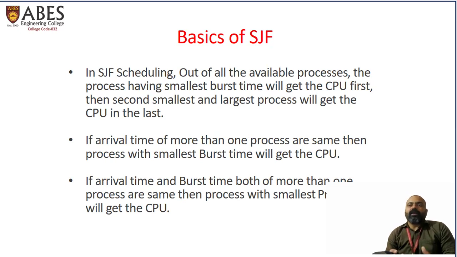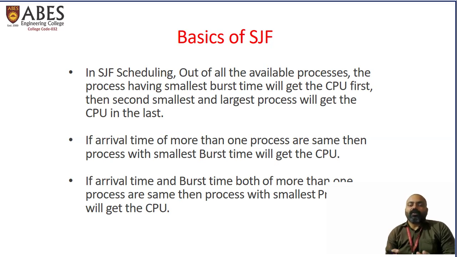Now, if the arrival time of more than one process is the same, then the process with the smallest burst time will get the CPU. If there are two or three processes which arrive at the same time, in this also the process which has the least burst time will get executed first.